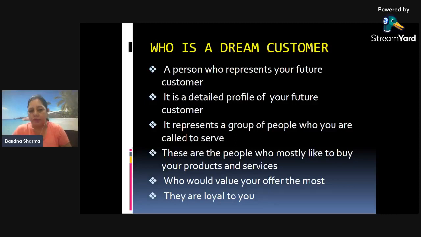Now, if you identify that person who will represent the group of people, that targeted group of people will be most likely to buy your products and services, right? Those people will like you, will trust you, and they will always be ready to buy your products and services, right?